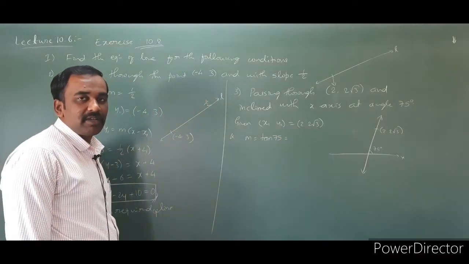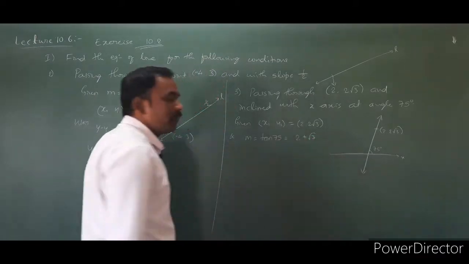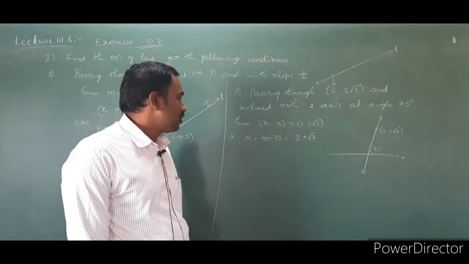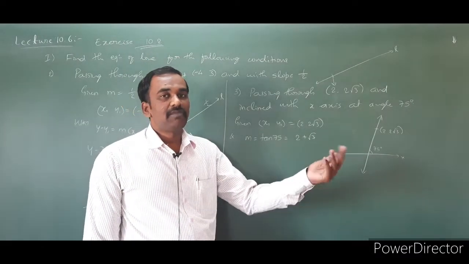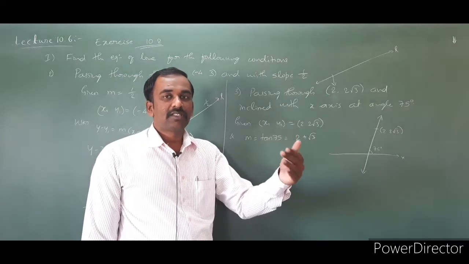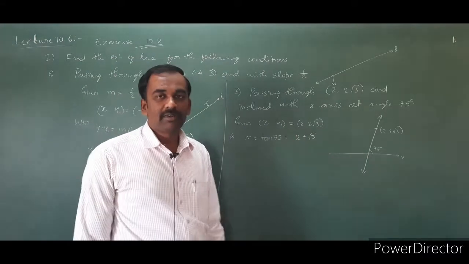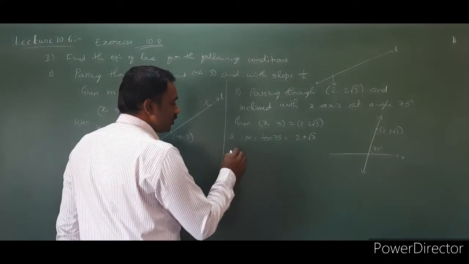What is tan 75? Tan 75 is 2 plus root 3. Do you people agree? Or else, take 45 plus 30 degree. Tan of a plus b is tan a plus tan b divided by 1 minus tan a into tan b. With the help of that we can easily get it. Now we know the result.